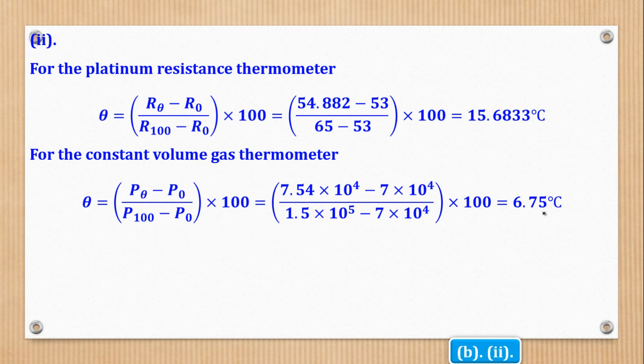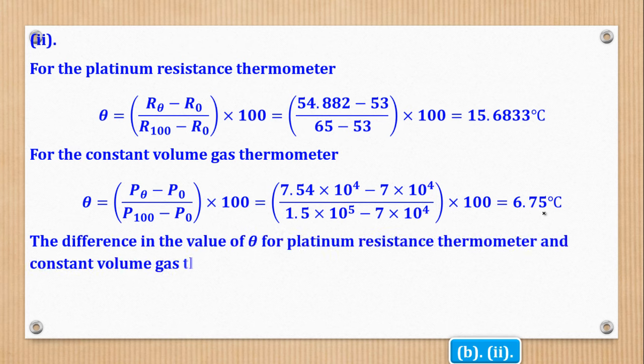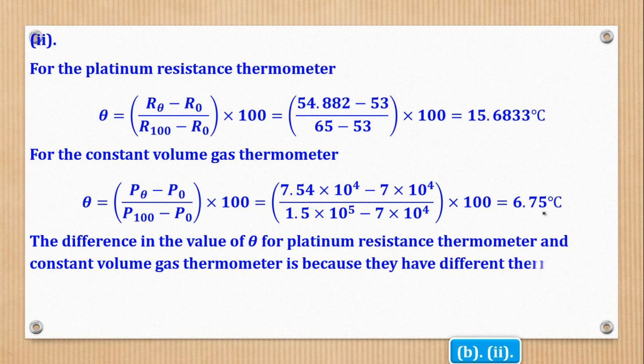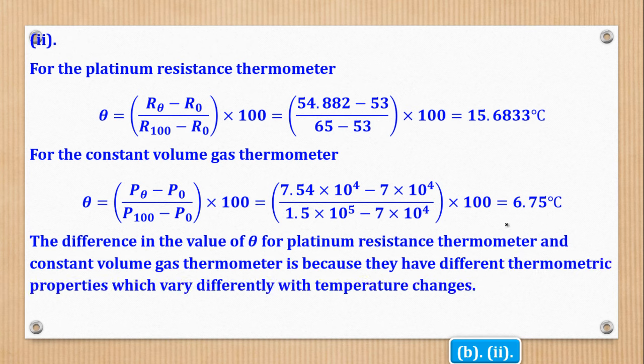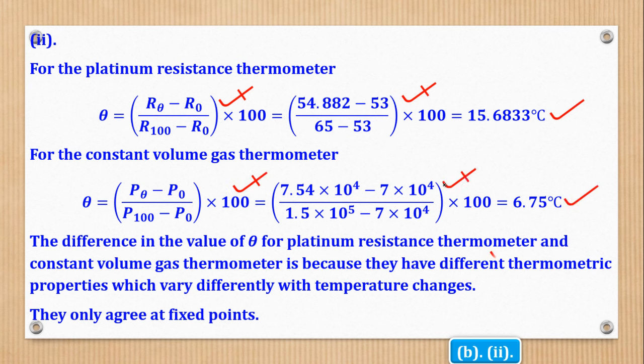So they are different. Why are they different? It is because these two have different thermometric properties which vary differently with temperature changes. So they only agree at fixed points, like we already saw. And basically that's what they wanted.